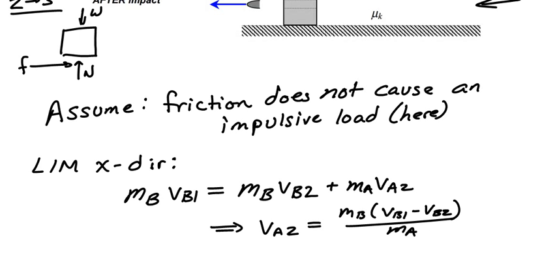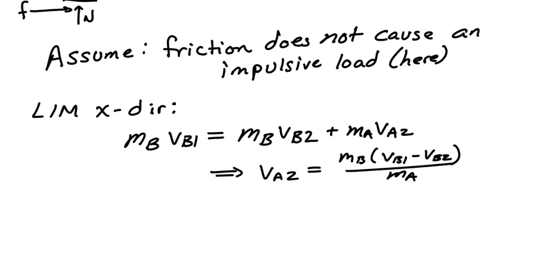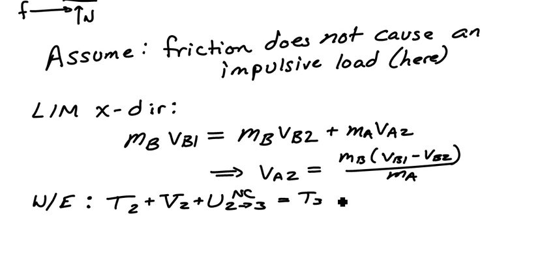Now that I know the post-impact velocity of the block, I can apply the work-energy equation for just the block: T2 plus V2 plus U2 to 3, non-conservative, equals T3 plus V3, where 3 defines the state where the block has come to rest.